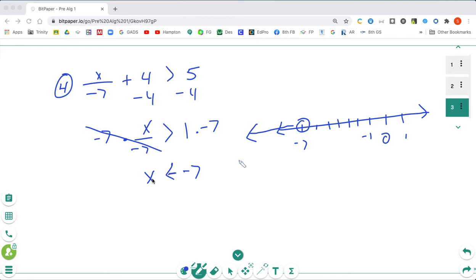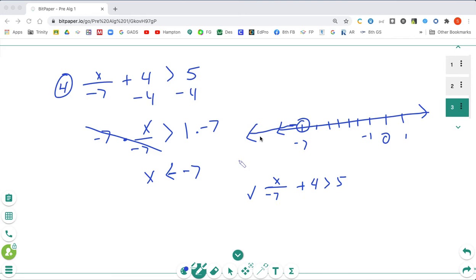Now, we want to do a couple of checks on these problems, so let's go back through and check. I'm going to pick -14 because -14 would be out here underneath this arrow. So we have x divided by -7 plus 4 is greater than 5.